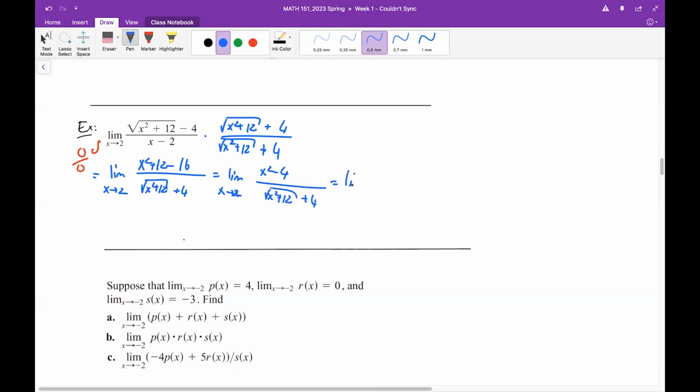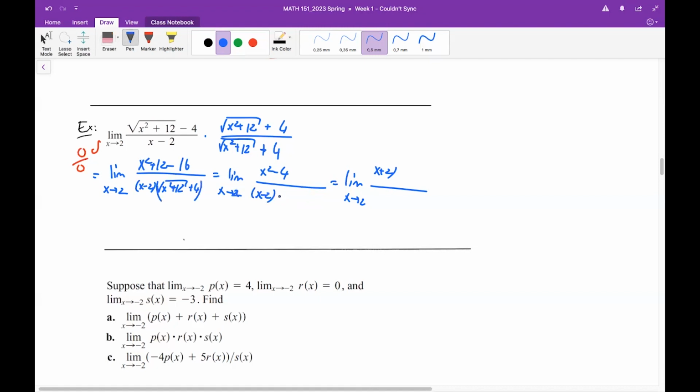X squared minus 4 can be decomposed, right? Wait, I forgot to write this thing, right? You should warn me about such mistakes. So x minus 2 is already there, and also this one then. X minus 2 and then the square root thing here.